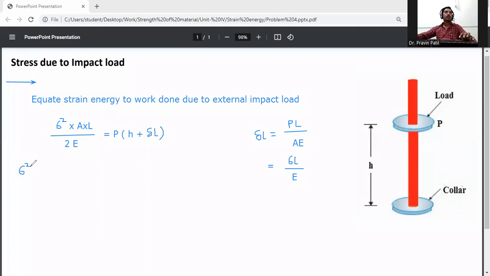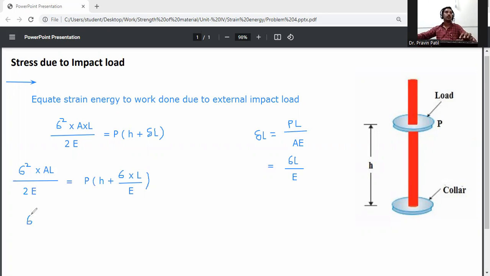Sigma square into AL divided by 2E is equal to P in bracket H plus sigma L divided by E.